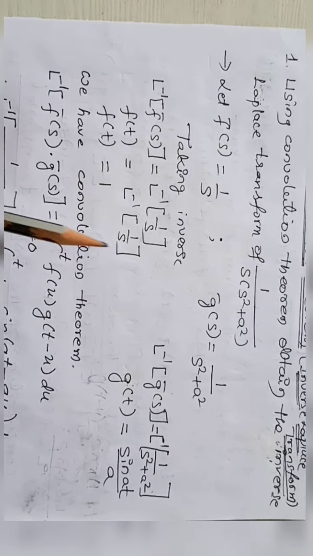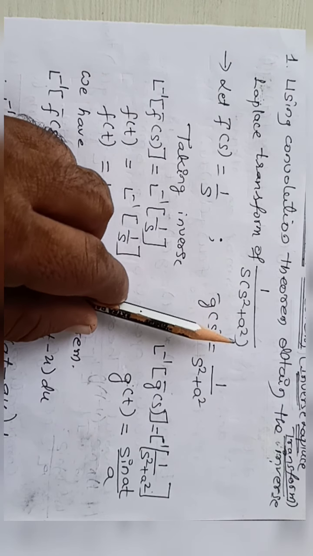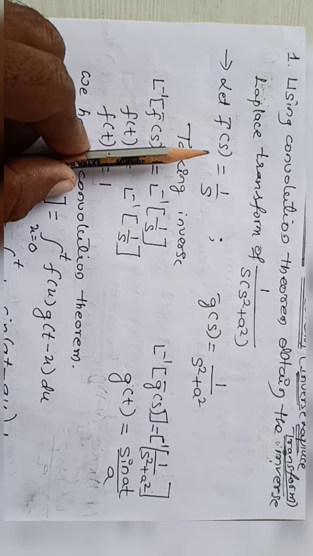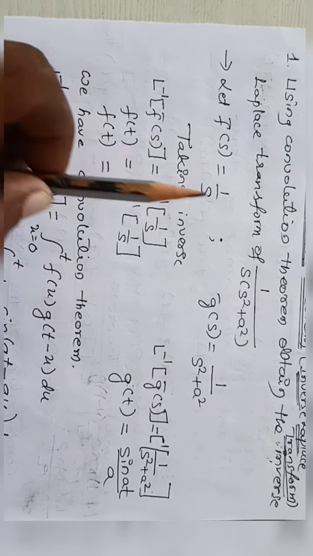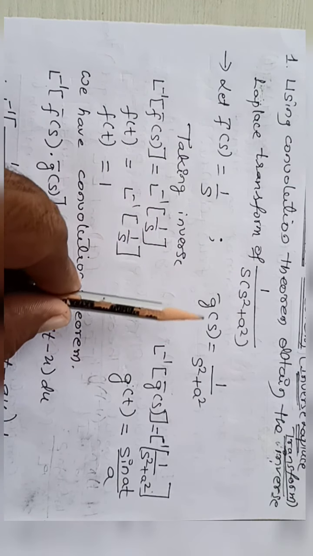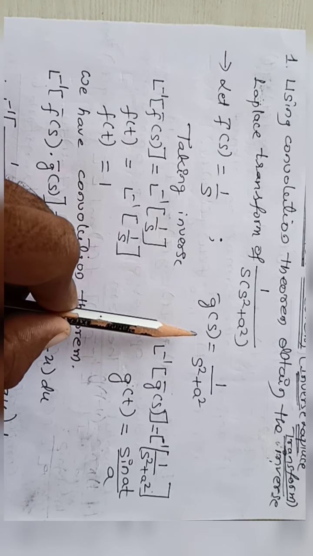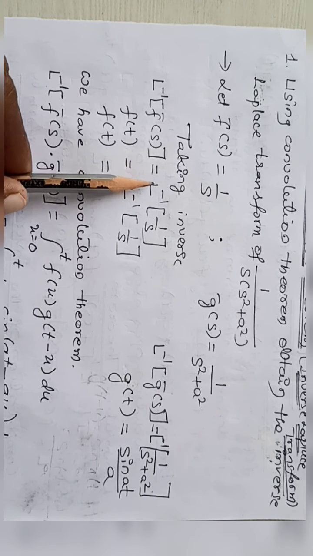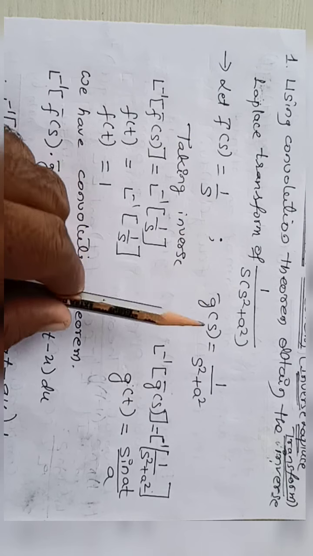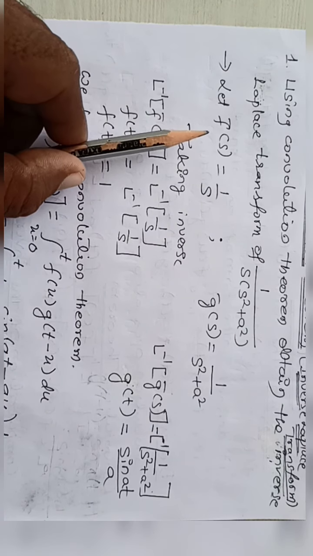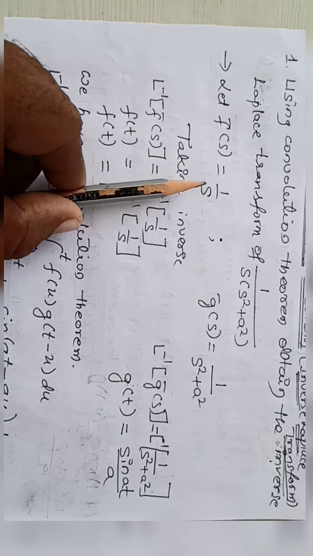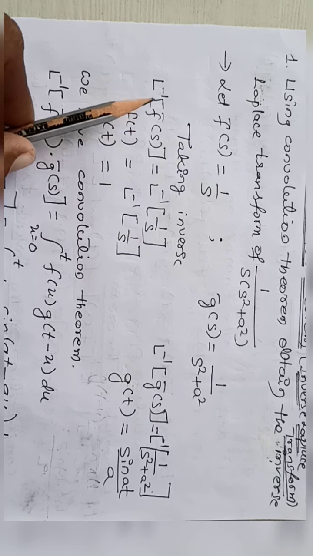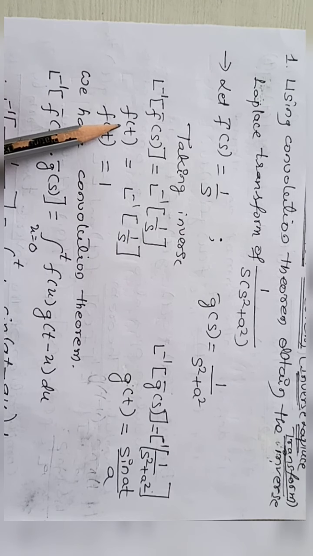So 1 upon s into s square plus a square is given. Let f bar s is equal to 1 by s. Take one function, another function g bar s is equal to 1 upon s square plus a square. Now taking the inverse, Laplace inverse of f bar s is equal to Laplace inverse of 1 by s. But Laplace inverse of f bar s is nothing but f of t.